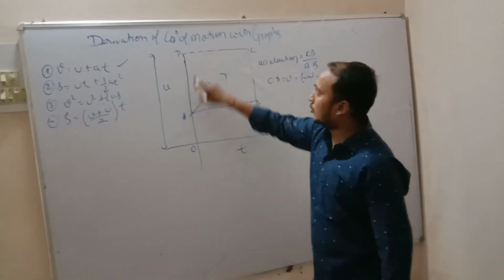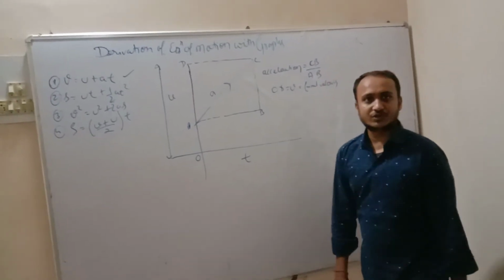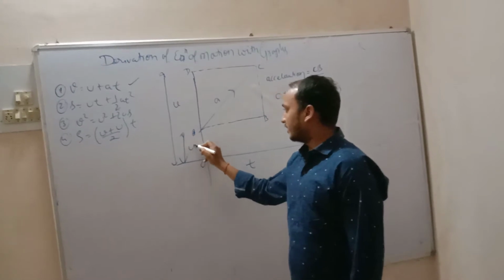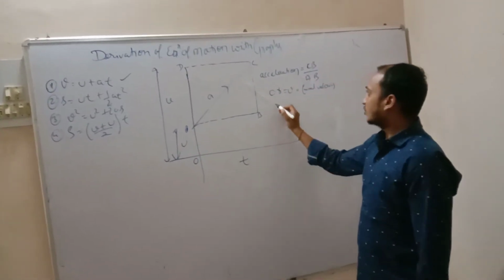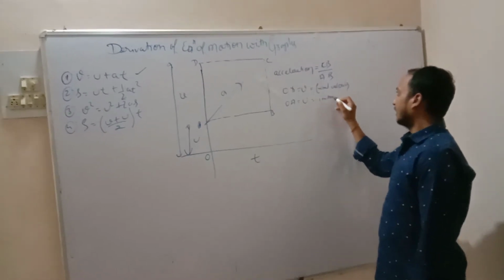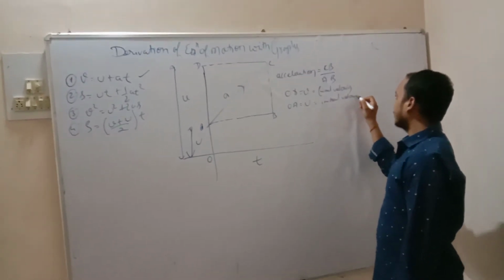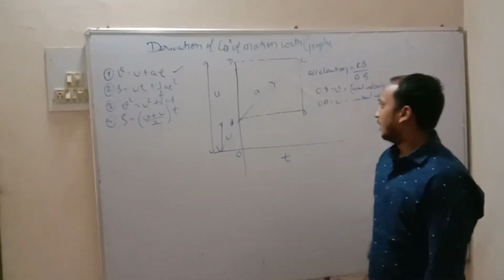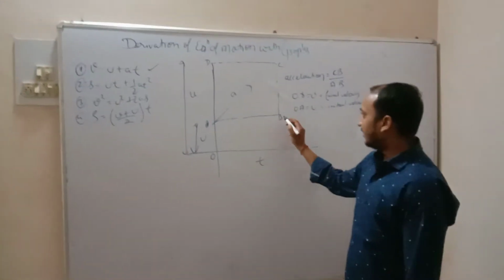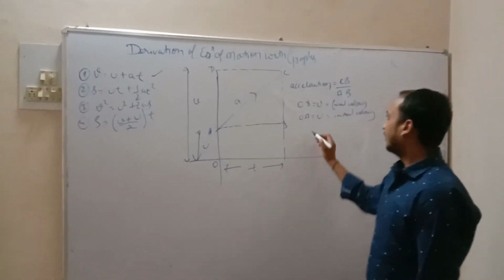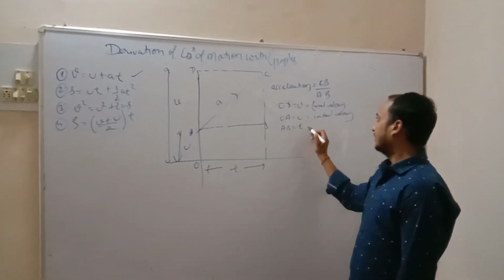From O to A it is U, which means OA is initial velocity. And AB is T, time.